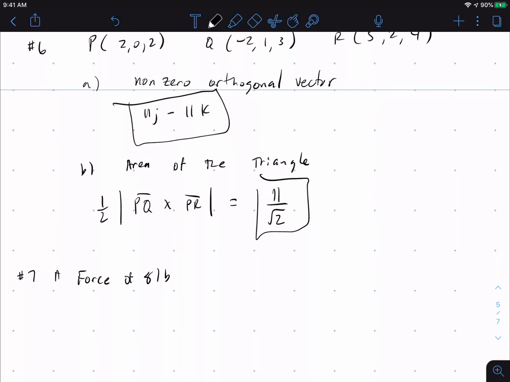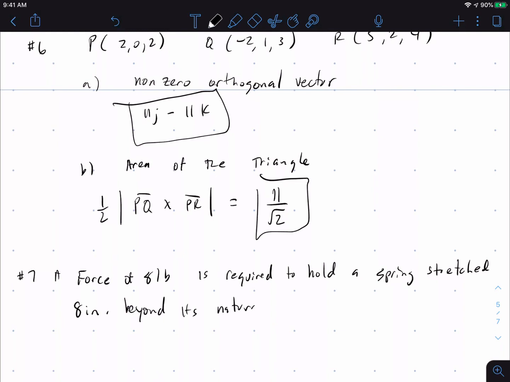A force of 8 pounds is required to hold a spring stretched 8 inches, okay, beyond its natural length.